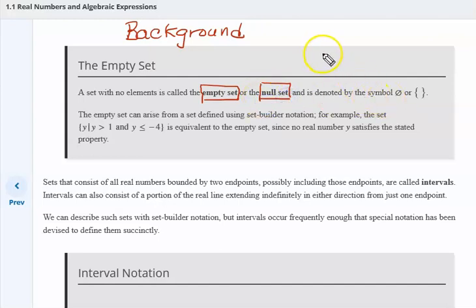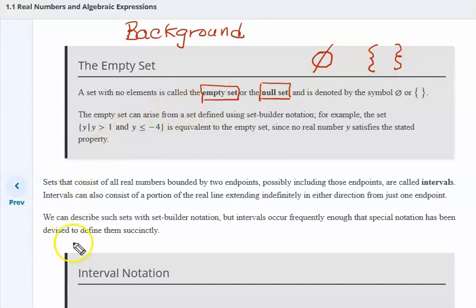And symbolically, we have a circle with a slash through it, that would indicate an empty set, or braces with nothing inside. Now, don't put a 0 inside here, because then that set would contain the element 0.